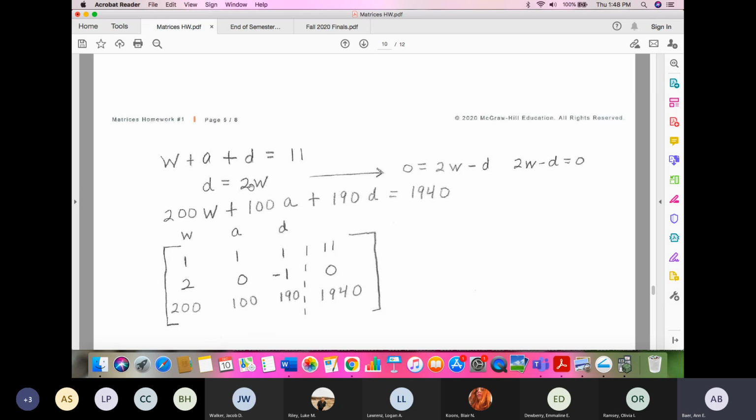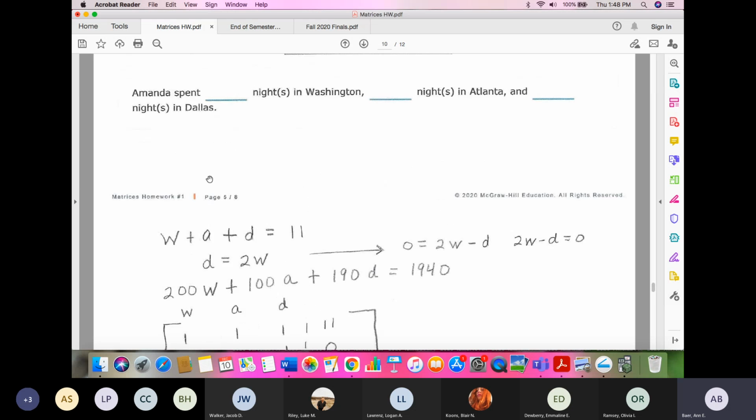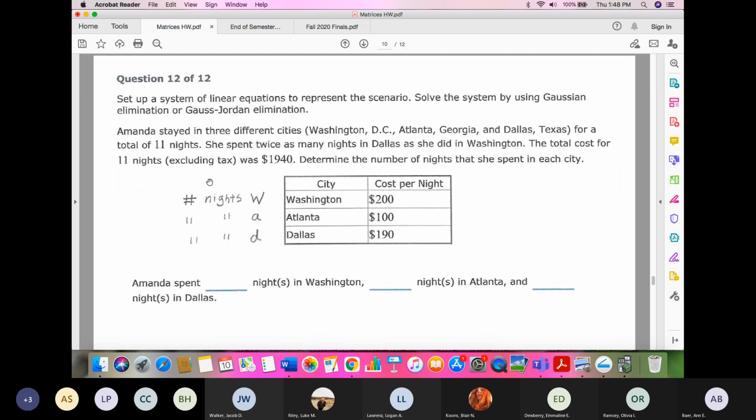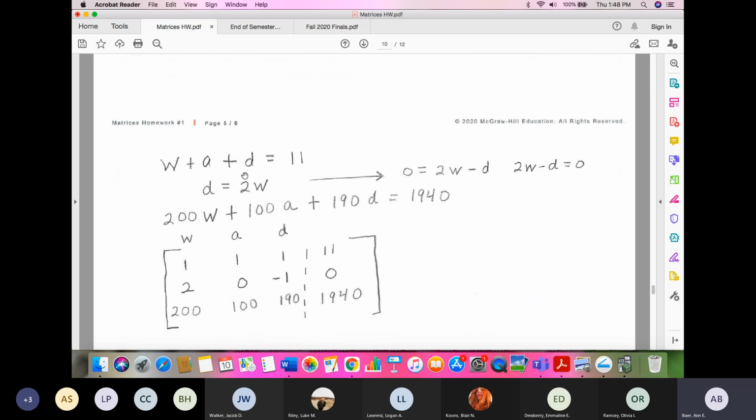If you take 5 and multiply it by 2, you get 10. That means she would spend twice as many nights in Dallas as she did in Washington. Makes sense. D equals 2 times W. Question is, which side do you put the 2 with? We'll come up with a little example and test it out.